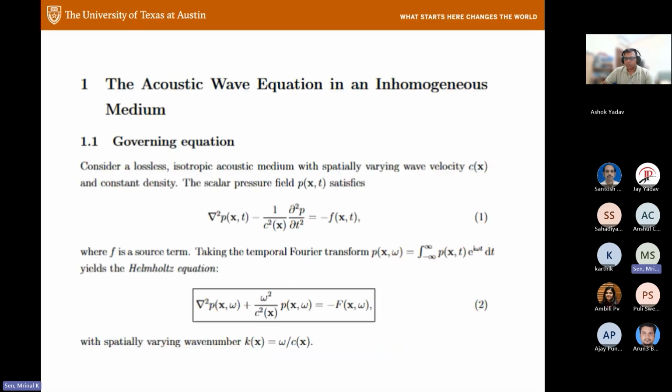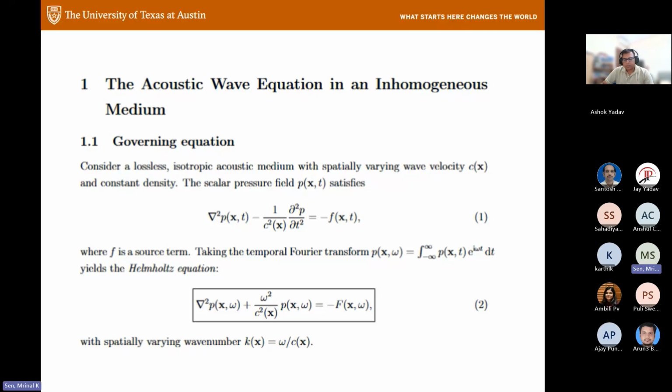Again, we will start with the wave equation. And here, just for demonstration purposes, I will stick to the acoustic wave equation, even though the same kind of analysis can be done for elastic media, but that makes your algebra a bit messy.